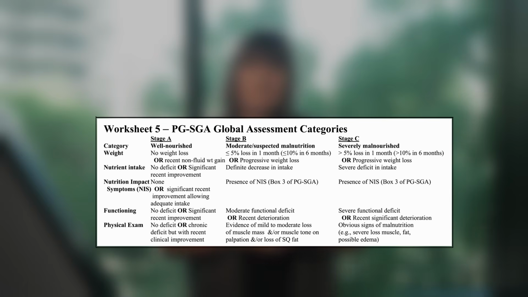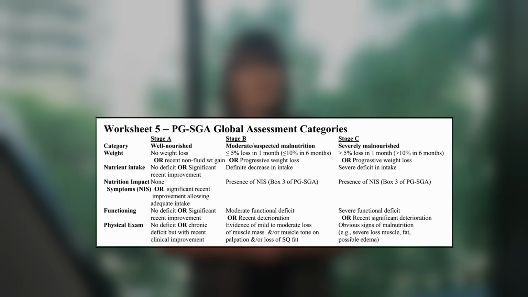The global PG-SGA categories, A, B or C, are used to determine nutritional status and malnutrition severity. The numerical PG-SGA score provides additional context but does not correspond to specific numerical thresholds for assigning the A, B or C category.